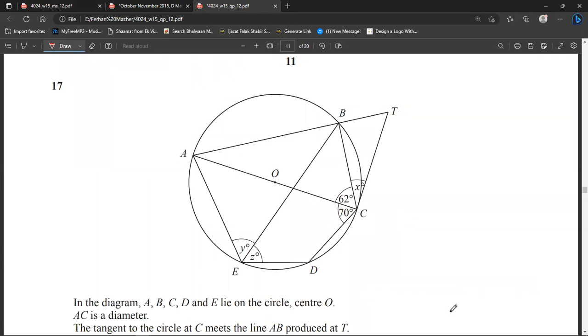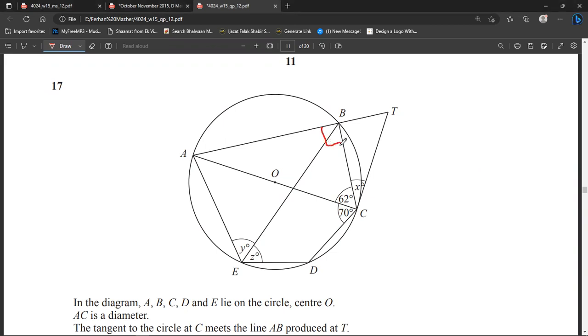So the next question is question number 17. It says in the diagram A, B, C, D, and E lie on the circle with center O. AC is the diameter, so this angle will be 100% 90.